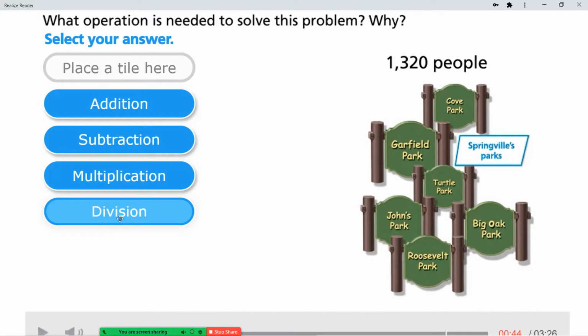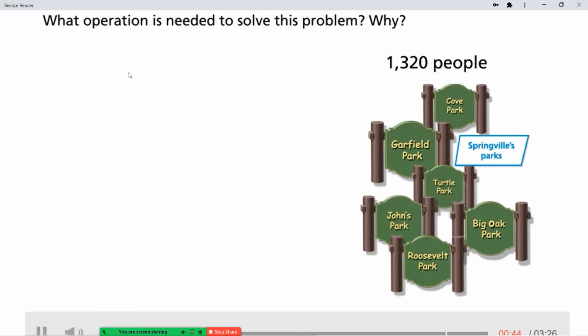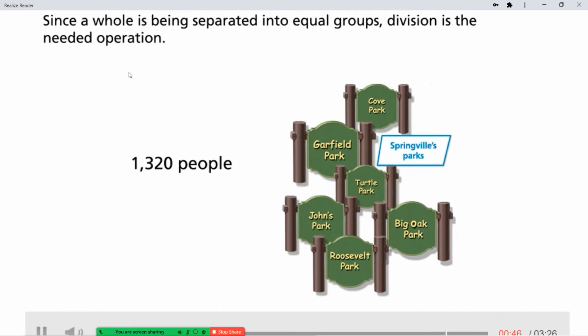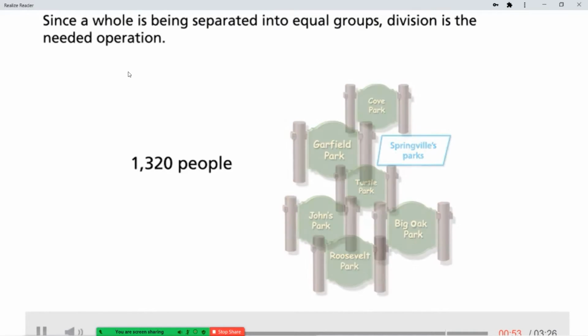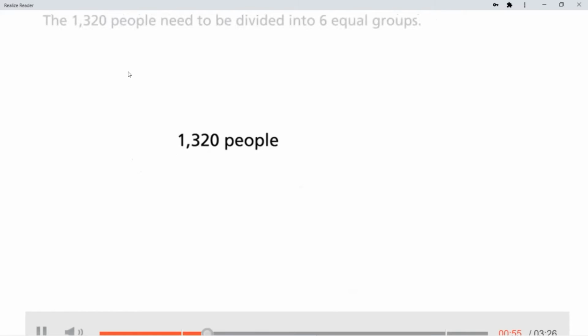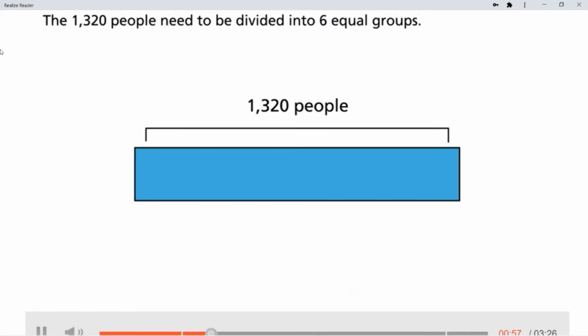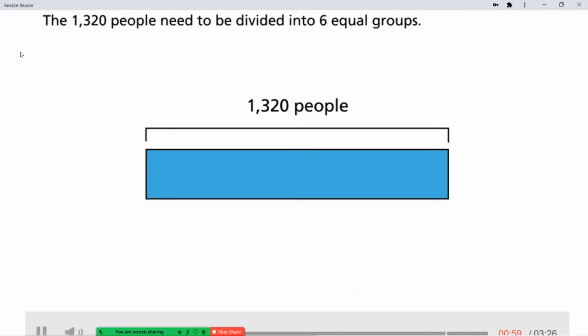We're taking our whole number and breaking it into smaller chunks. Since a whole is being separated into equal groups, division is the needed operation. The 1,320 people need to be divided into 6 equal groups.